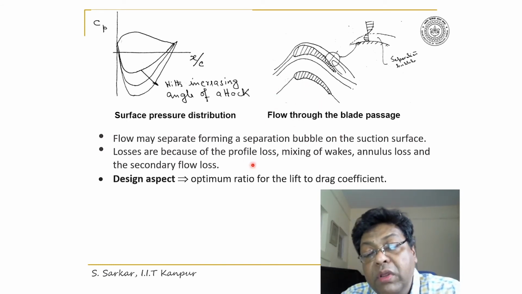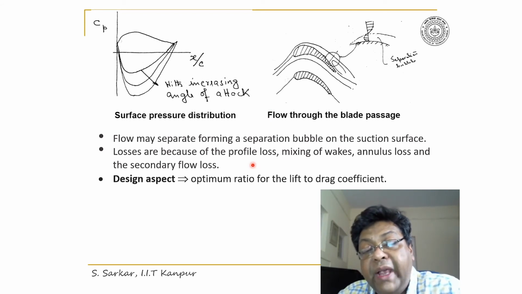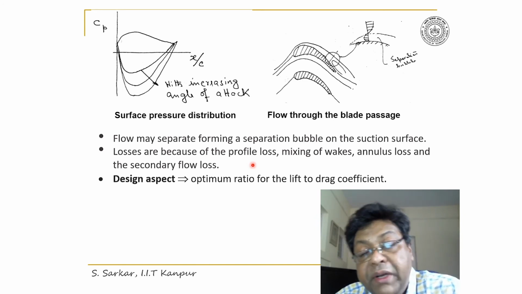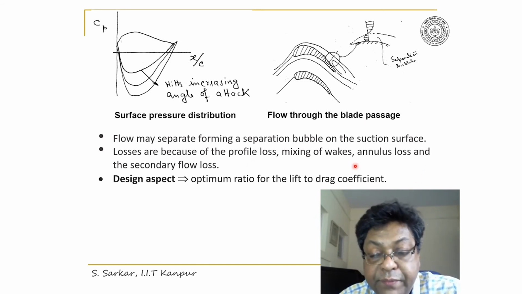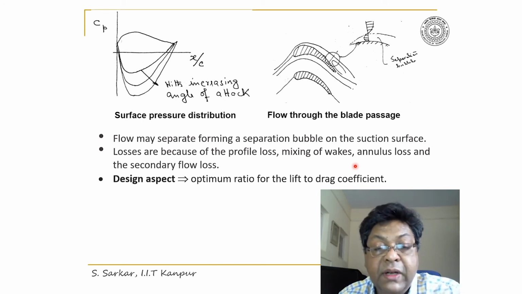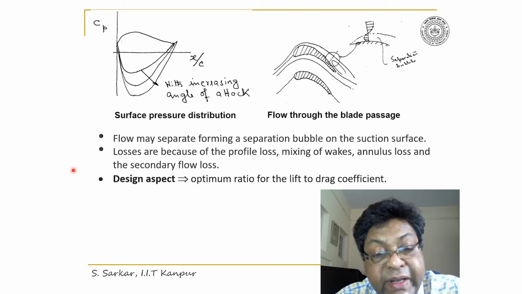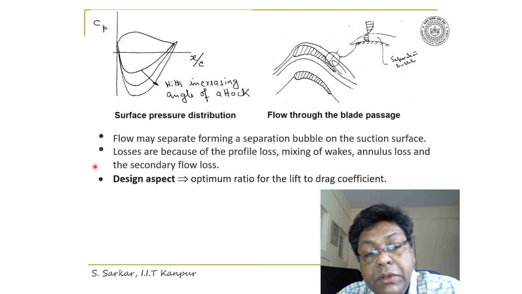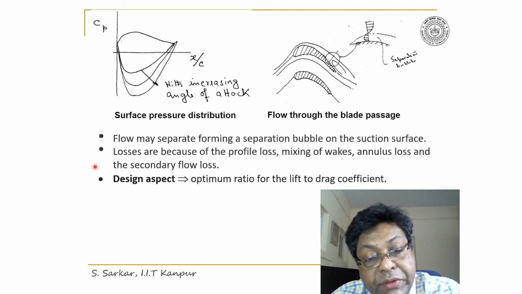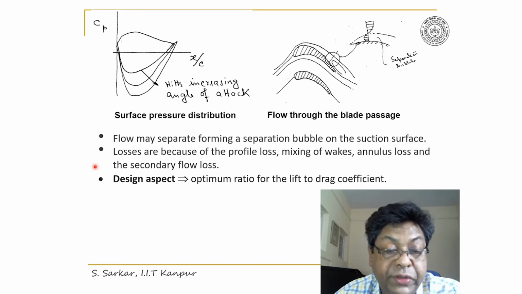And furthermore, the boundary layer developed on the annulus area of the turbine or compressor. That's called annulus loss. Apart from that, there are secondary flow losses that I'll discuss later. So I have written a sentence here. The losses are because of profile loss, mixing loss, annulus loss, and secondary flow loss.